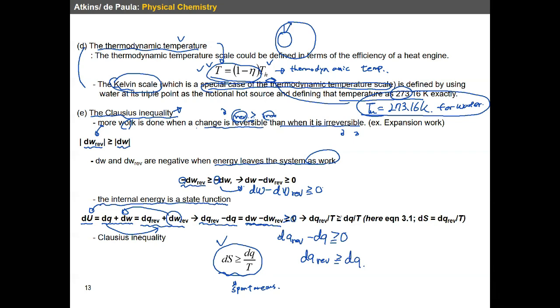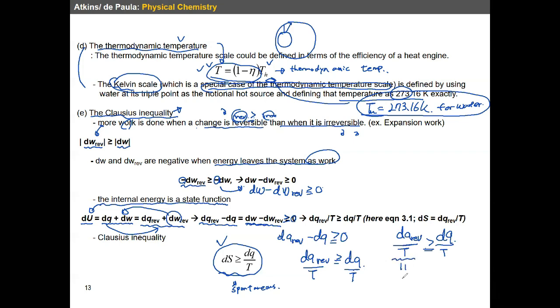So if we divide both sides by the temperature, then we have dq reversible over T. And what is it?